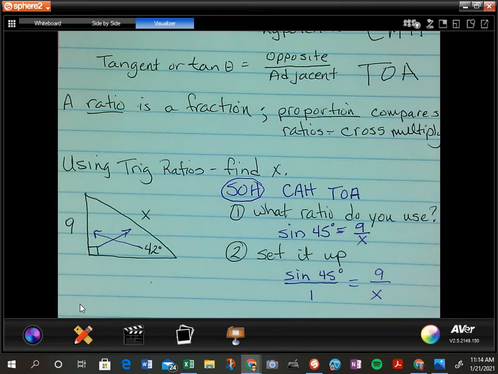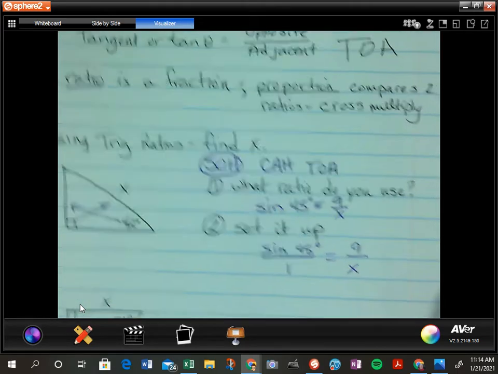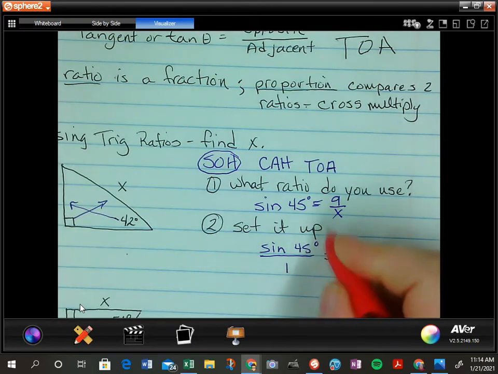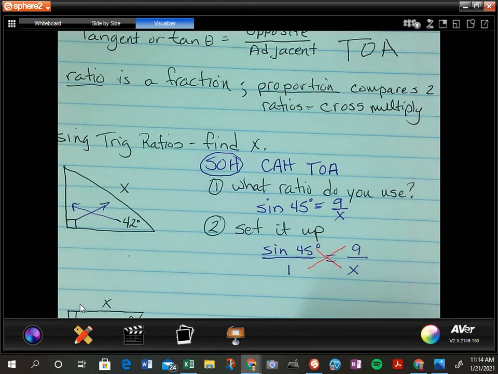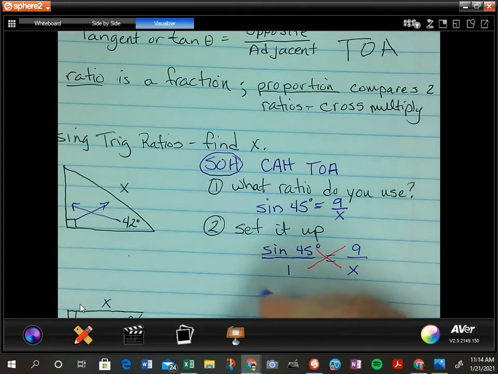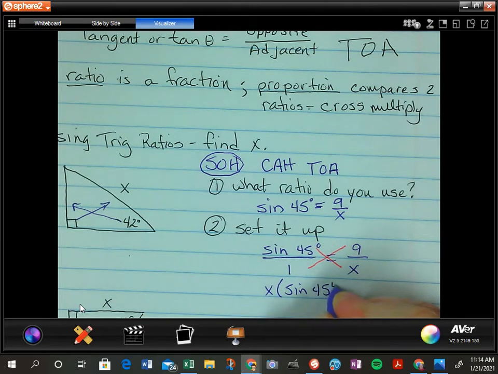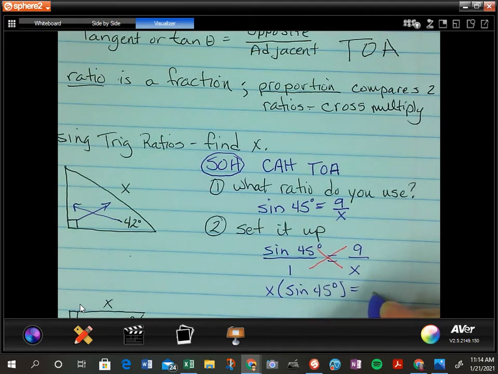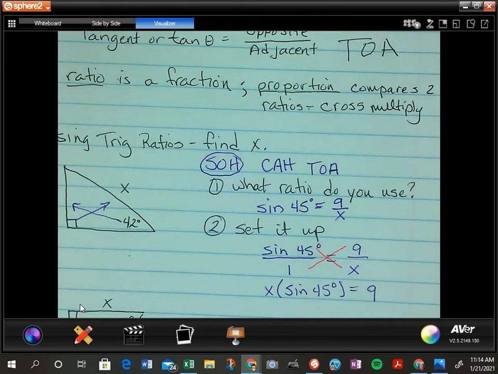So how do we solve that? Well, we're going to cross multiply. So we're going to get sine 45 times x equal to 9.